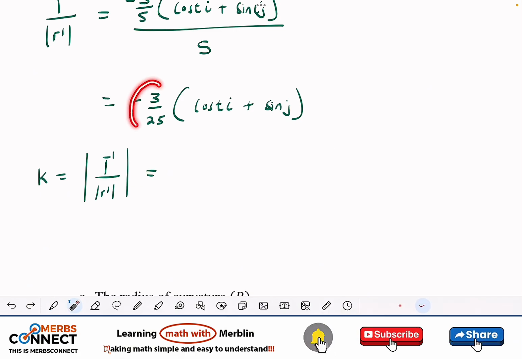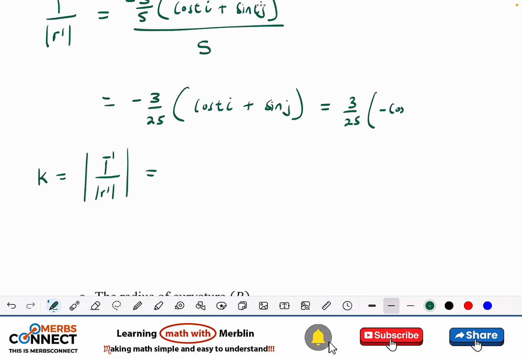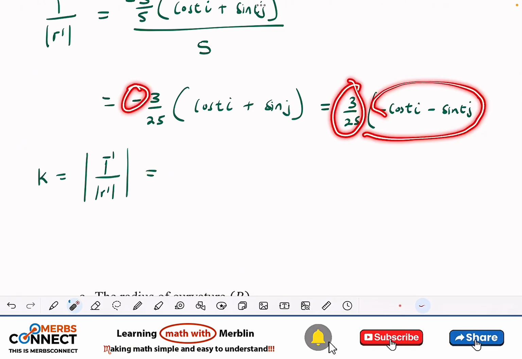So since this one is a scalar, I will ignore the minus and write this as 3 over 25, and then this is minus cos t i plus minus sin t j. I multiply through by the minus so that I can just maintain the scalar.